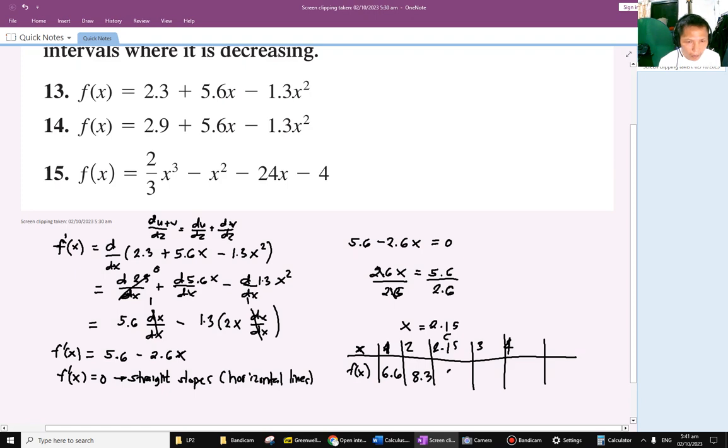So it goes up. It's only small, and then your 3 is 7.5. So it goes down, and then your 4 is 3.9.